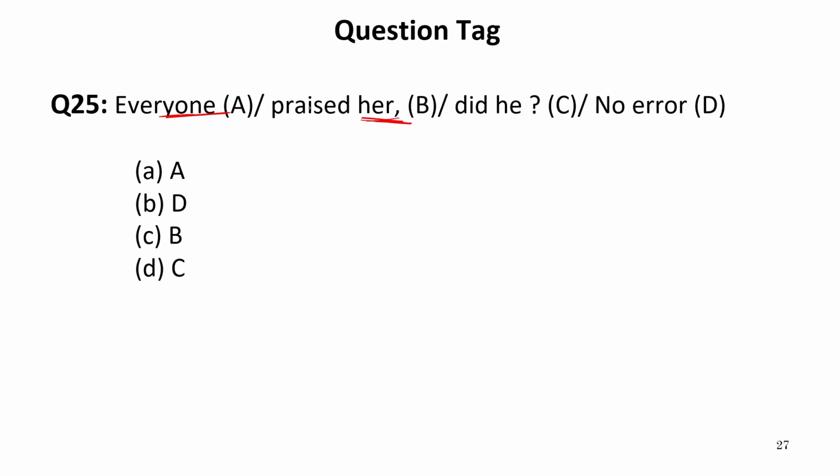This is correct because praised is the verb second form. It is not the first or the fifth form. So this is past indefinite tense. Whenever we have to make a question tag of it, praised means past tense. So in past tense we use did as the helping verb, so it should be did he. So our answer is C, that is part D. So our answer is D.